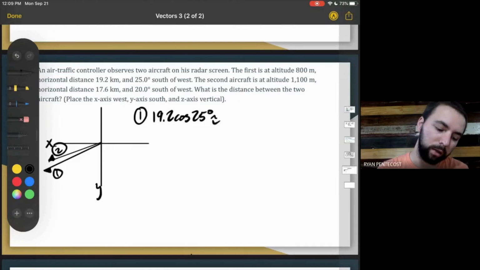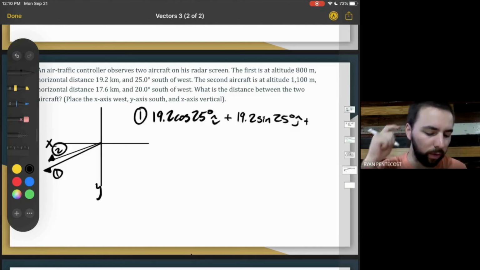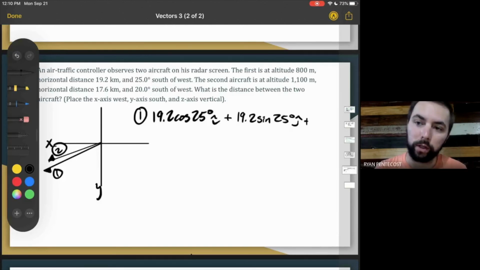And then it is also south, so that will be positive 19.2 sine of 25 degrees j hat. Then for the k hat, now we have a third unit vector. That's vertical. So we have an altitude of 800 meters. Everything so far is in kilometers, so let's keep that in kilometers. That would be 0.8 k hat.